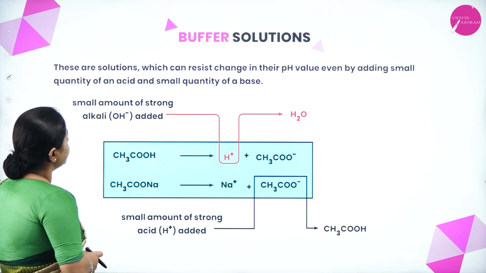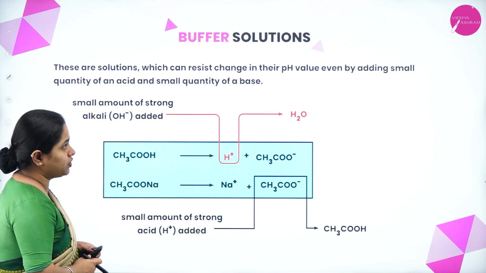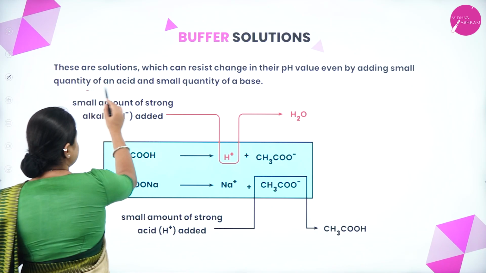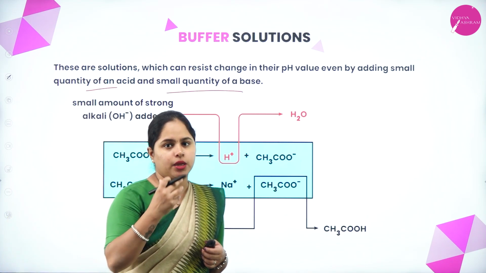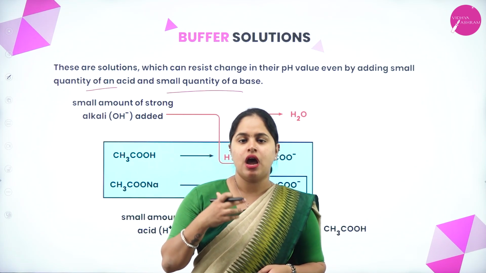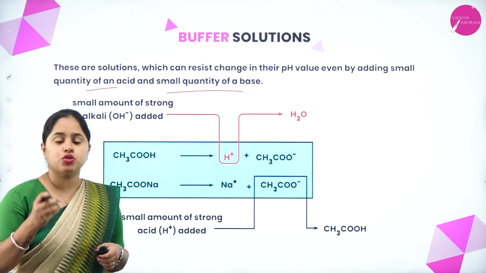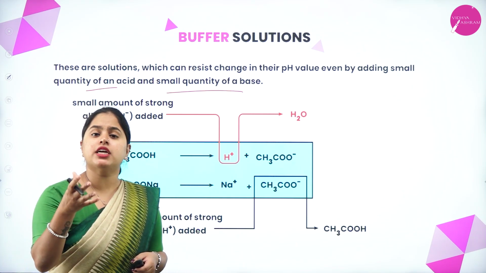These are solutions which can resist change in their pH value even by adding a small quantity of an acid or a small quantity of a base. So these are special type of solutions. If we add a small amount of acid or base, its pH won't change.